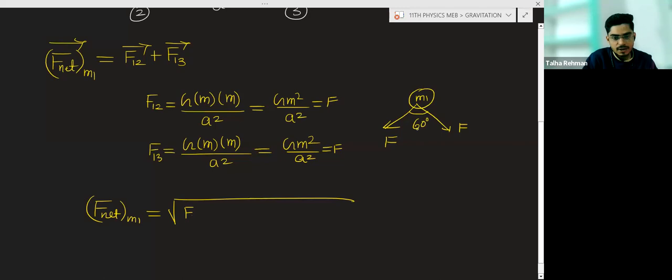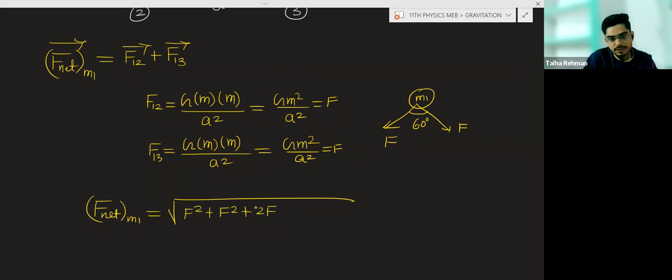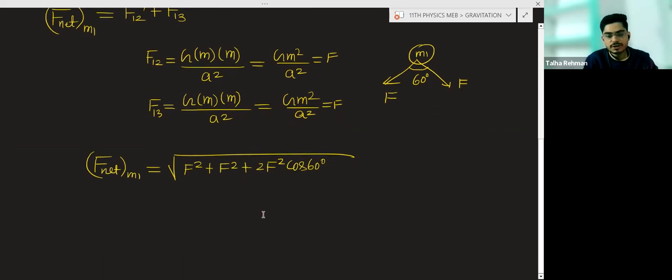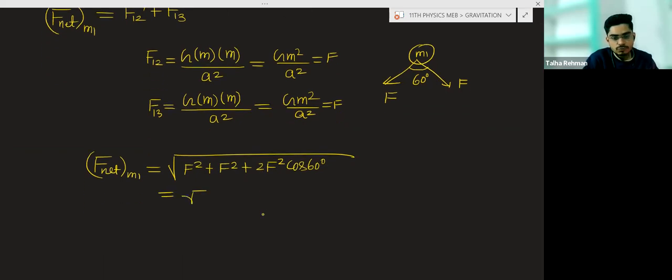So it will become f square plus another f square plus 2 f times f, and cos 60 is 1 by 2. The 1 by 2 and 2 will cancel out, f square, f square, f square, it will become root 3 f. So net force on mass m1 is root 3 f.